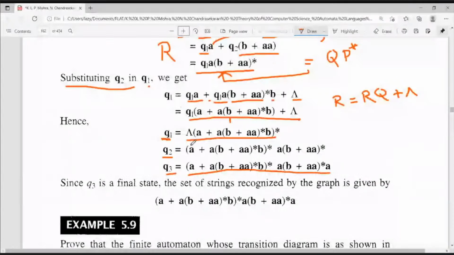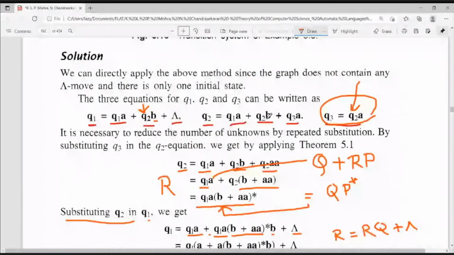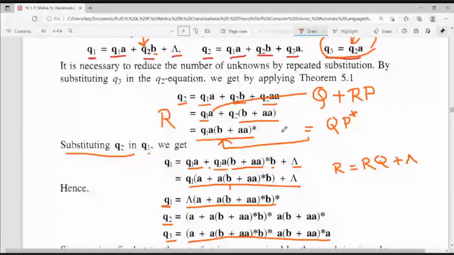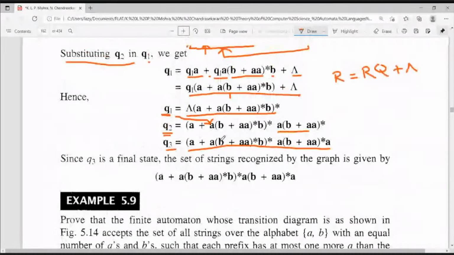So everything is now in the form of Q1. So Q2 is equal to Q1A, and instead of Q1 you can put that part over here. Then Q2 again you substitute into Q3, and then you'll get the expression for Q3.